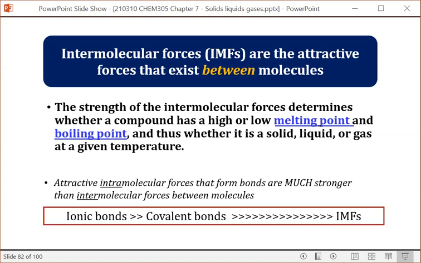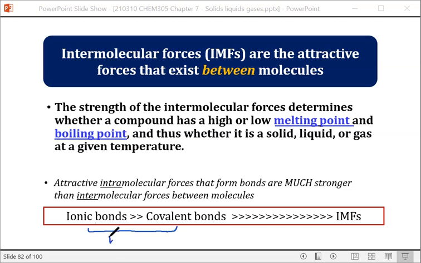So just to put things in perspective, when we're talking about bonds, like making ionic bonds and covalent bonds, the attractive forces that make an ionic bond, those oppositely charged cations and anions attracting each other, are kind of the strongest type of attraction we get to hold those atoms together in a chemical bond. And then sharing electrons is also a very strong type of attraction to make a covalent bond.